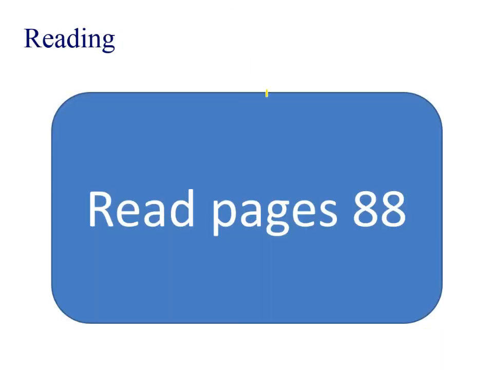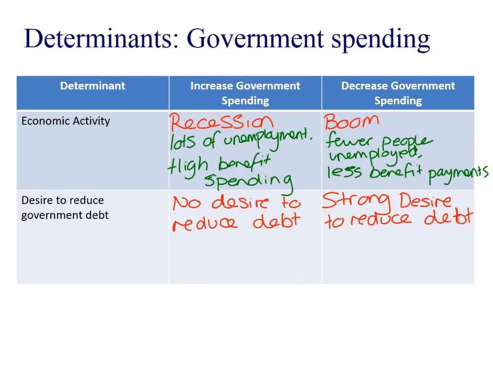Okay, so government spending now, page 88. There's lots of reasons here, but I've just picked out some of the main ones. So economic activity, the stage of the business cycle or the economic cycle. You're going to learn about this in the A2 unit, the global economy.